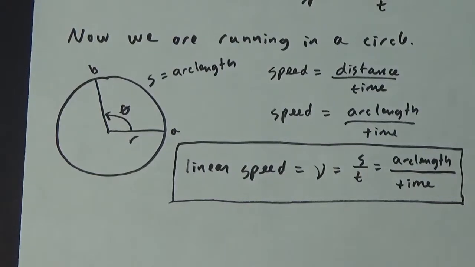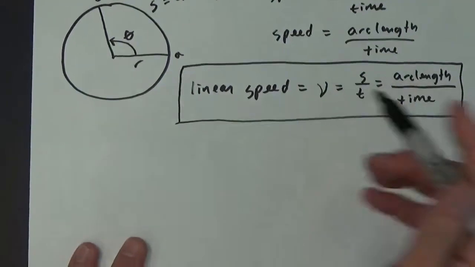All right, now the next thing we need to look at is angular speed. So instead of talking about how fast we're running, now we're going to talk about how fast are we spinning.